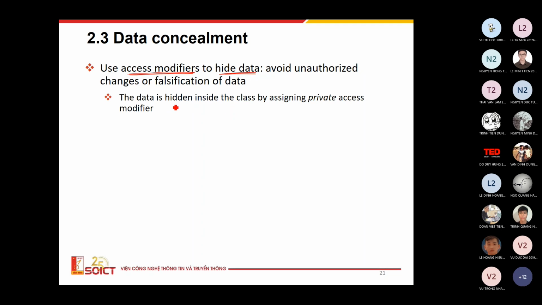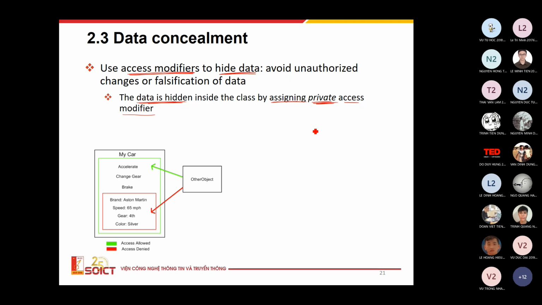So when you want to hide some data, you need to assign it the private access modifier. Okay? If you want to hide something, you will assign it with the private access modifier. And mostly every attribute of an object will be assigned the private modifier.